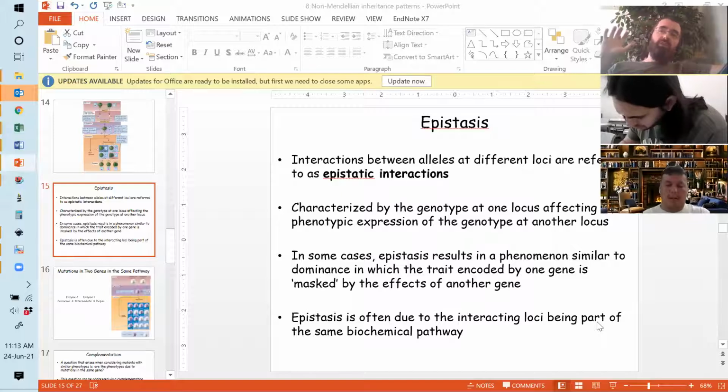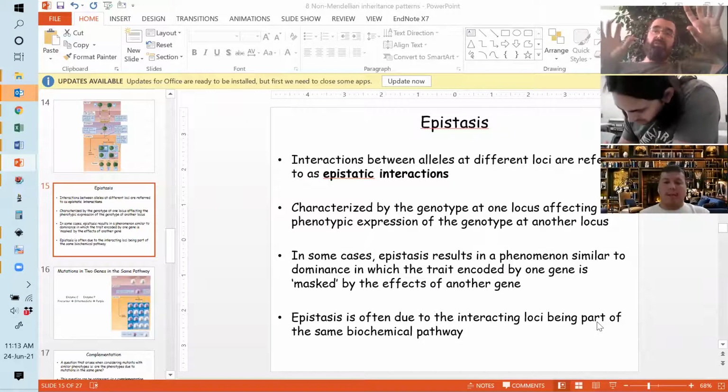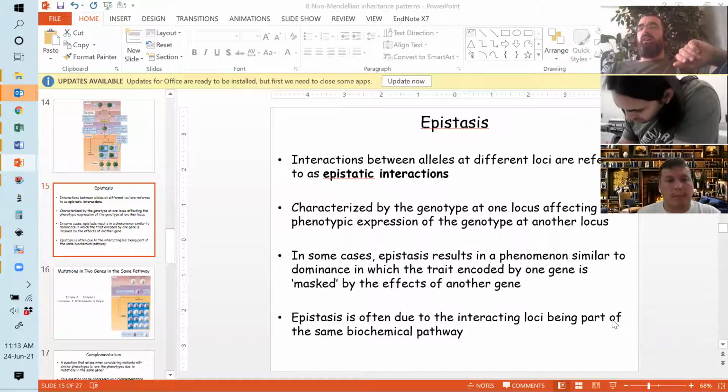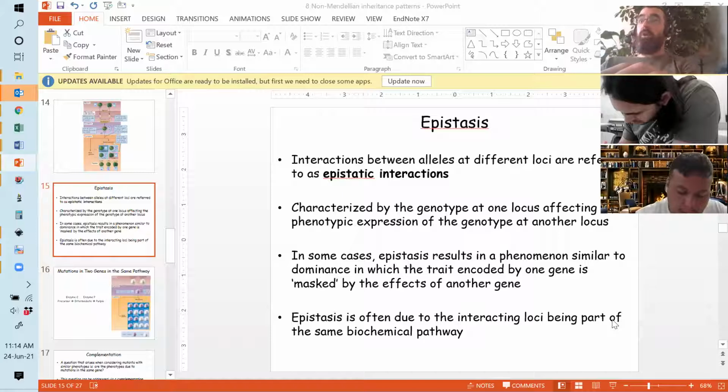Depending on what genotype you have at this locus, whether or not you see the phenotype at this locus really depends on the genotype at this one. Let me give you another cool example. There's lots of different types of epistasis. One of my favorites, obviously, cats.